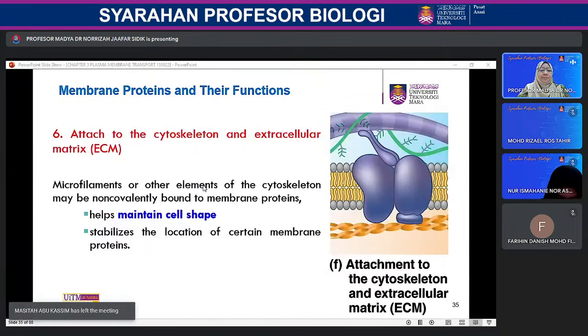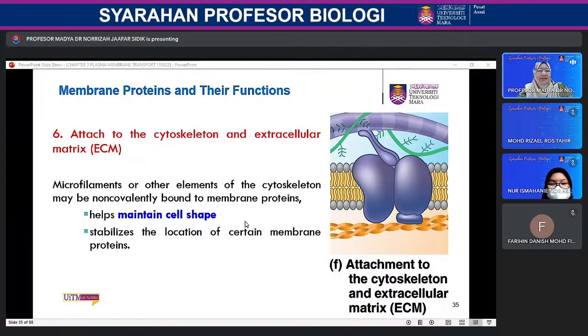The last part is on the attachment to the cytoskeleton and extracellular matrix. It acts as an anchorage, so it becomes a point of attachment for the cytoskeleton and the extracellular matrix.